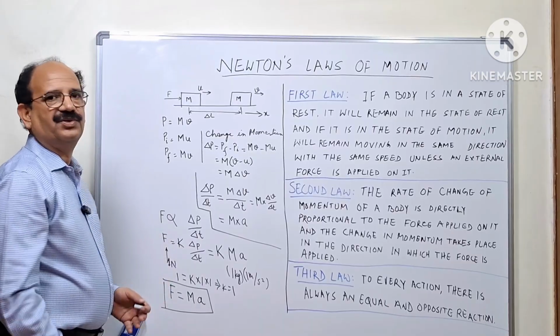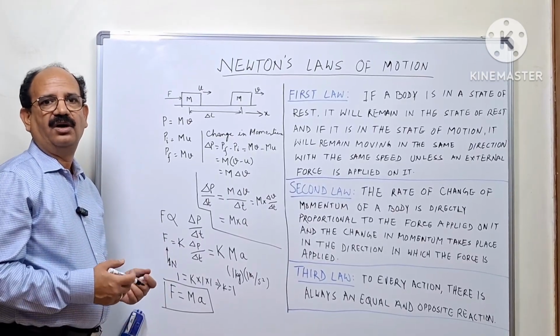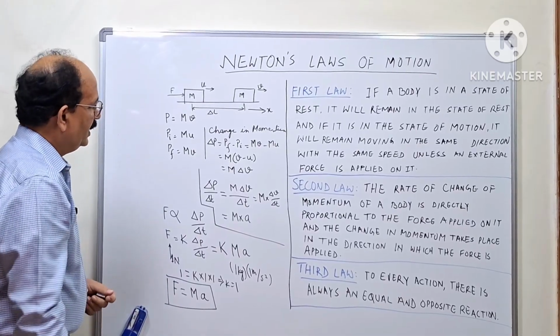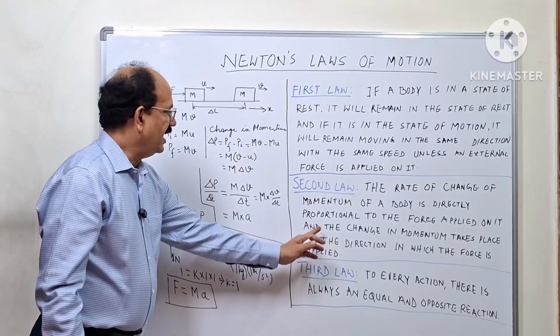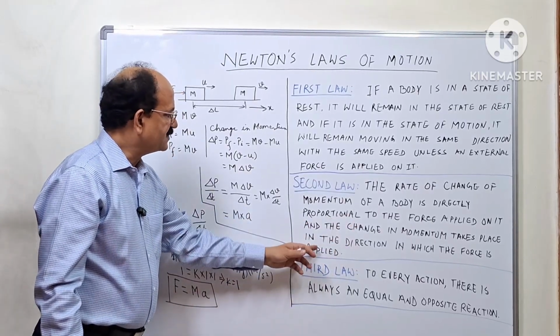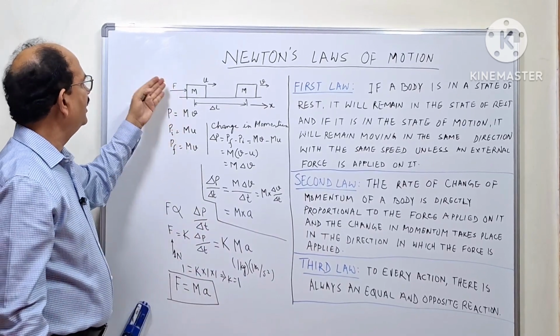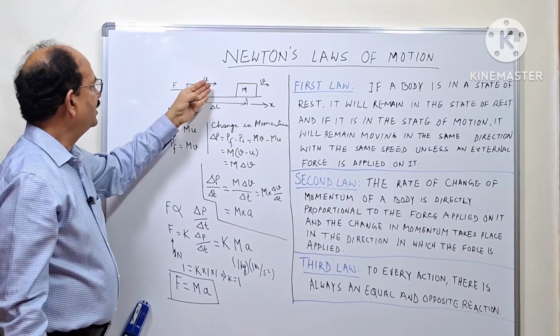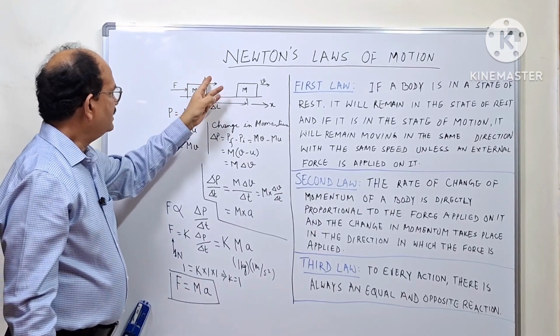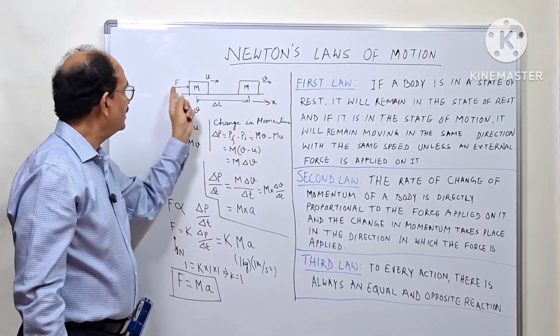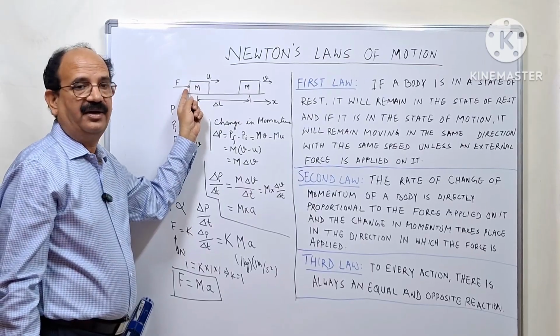And this equation is always used when you are solving problems. Now it also says that the change in momentum takes place in the direction in which the force is applied, which you can notice here. When you are applying a force, the body's speed is changing from u to v, but in the same direction in which force is applied.